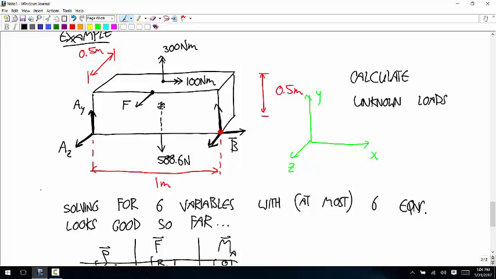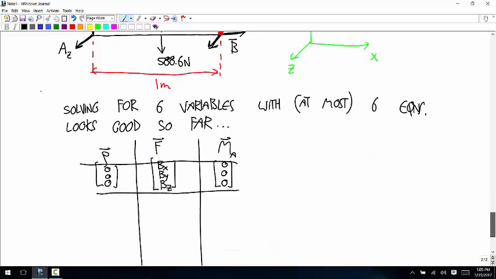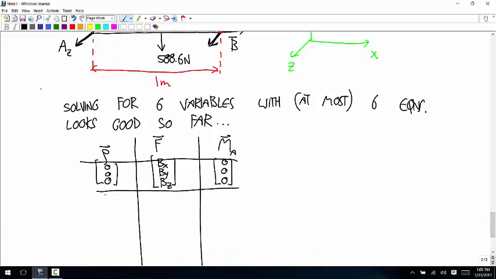Quarter of a meter in the negative z direction. So negative 0.5, positive 0.25, negative 0.25. And that force vector that's applied there is 0, negative 588.6, 0.